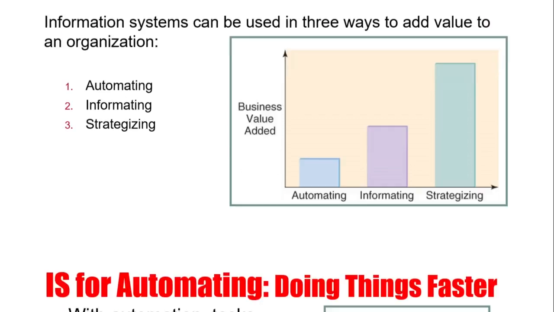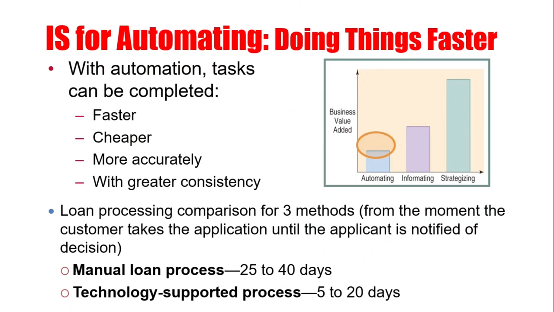In automating, you can use your digital business platform or e-commerce website or app to do things faster, cheaper, more accurately, so you have precise processing of information and consistency. Clear examples of this are in financial services, where, for example, I had this loan tracking software.